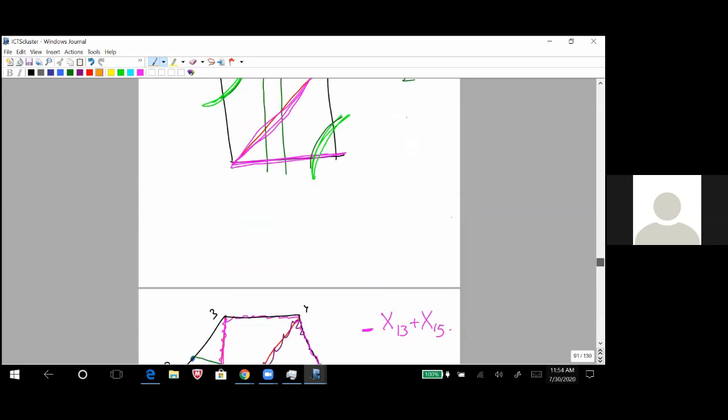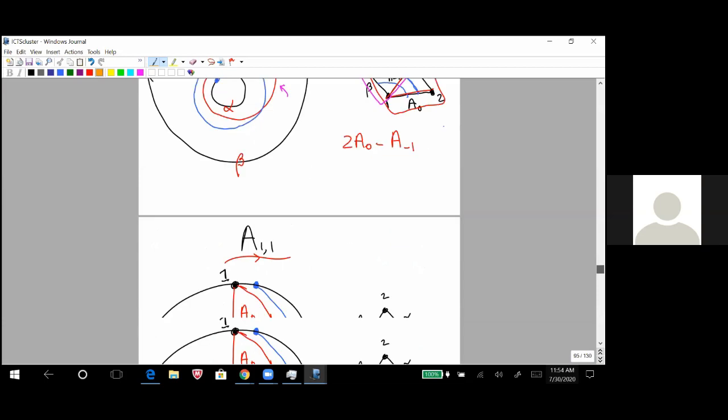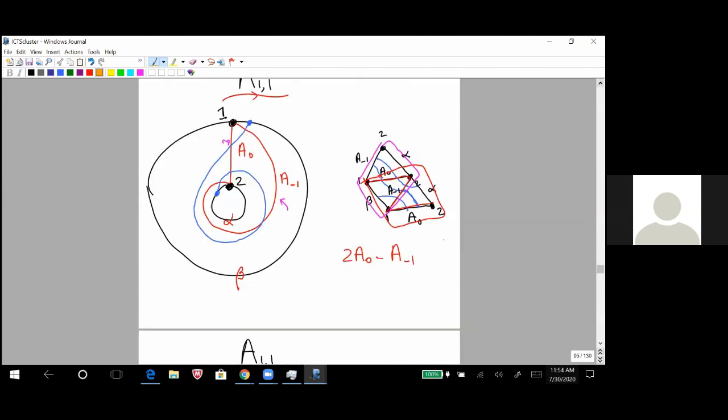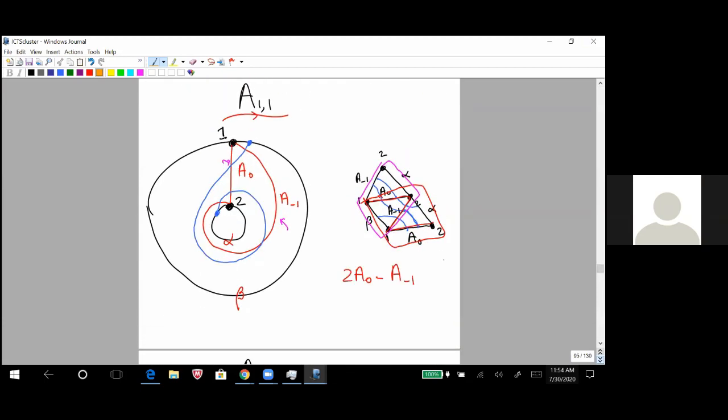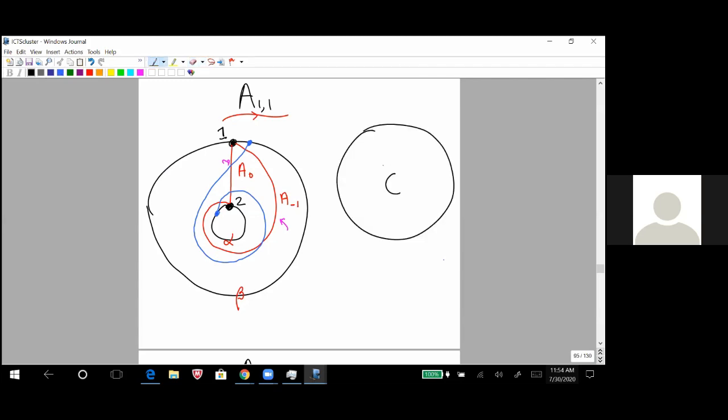Now let's look at the next one that we computed. So this guy, if I now draw again who it is, if I draw the actual arc that it was to begin with. So here is A0, here is A1, A minus 1, and we're drawing A1, which is that guy, right?